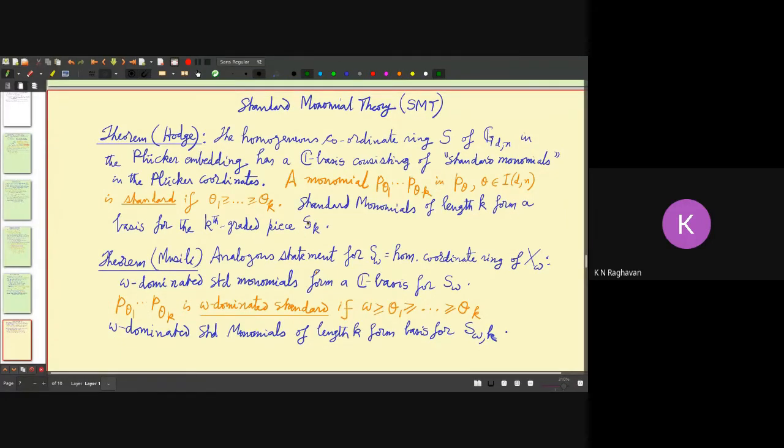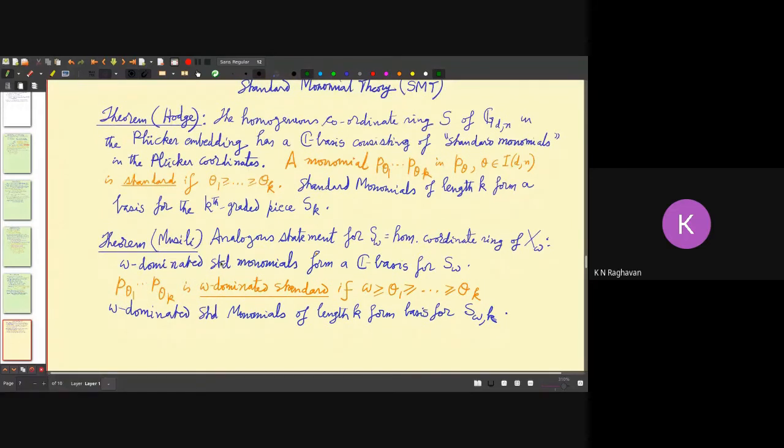Okay. And what about the Schubert variety? The analogous statement for the Schubert variety was proved by Musili, for sure. I don't know if somebody before him did it. The analogous statement goes as follows. You just change the definition of standard monomial to W-dominated standard monomial.